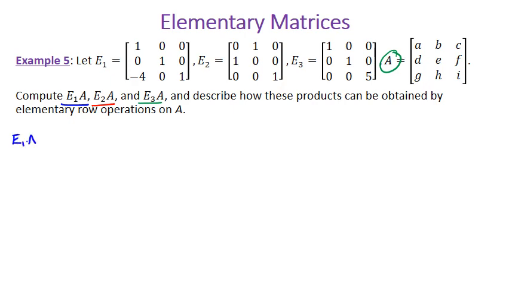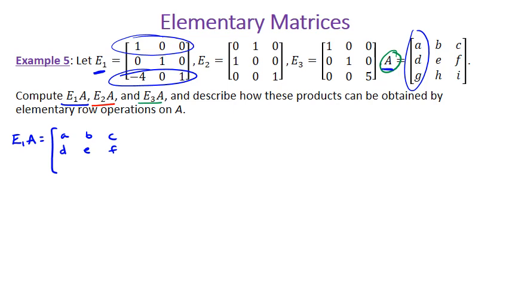So if I have E1 times A, I'm going to take this matrix times this matrix, and I'm going to take rows times columns. So I end up with A, B, C in the first row, same thing. I end up with D, E, F in the second row, same thing. But the third row gets a little fancier.